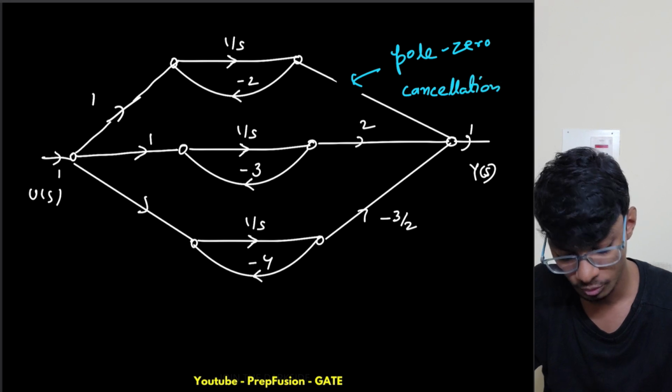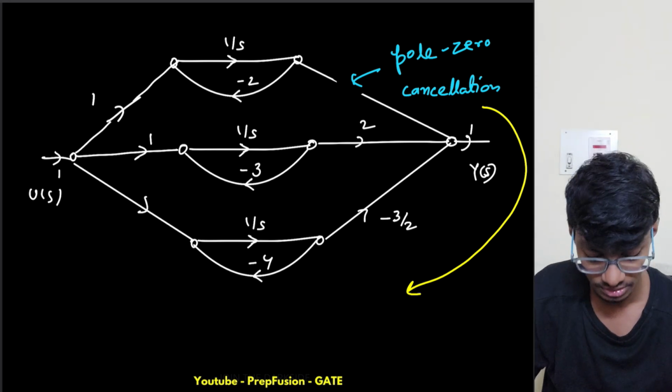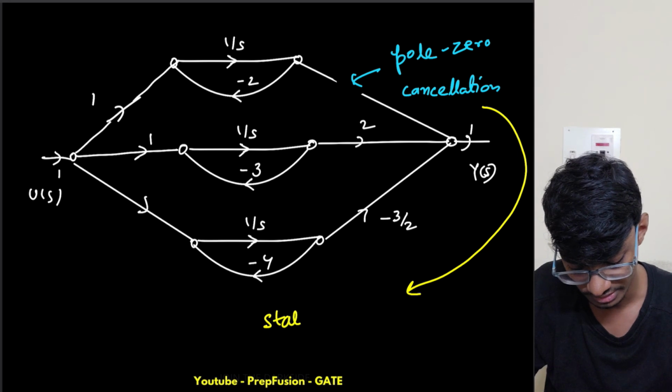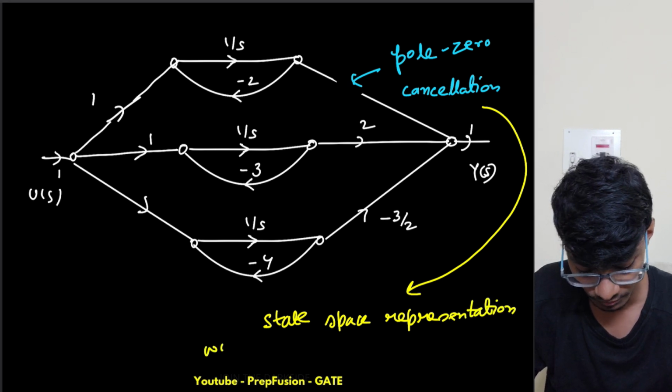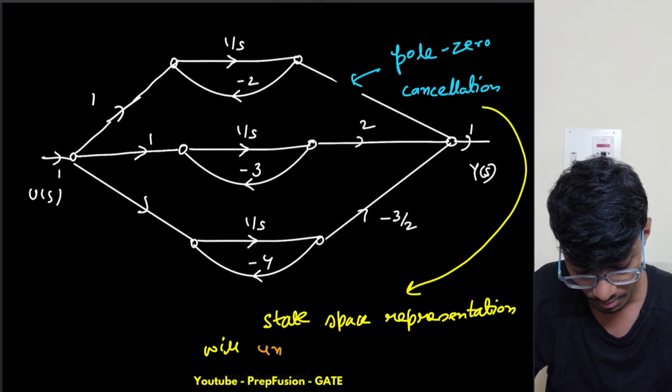Due to this pole zero cancellation, my state space representation will be unobservable.